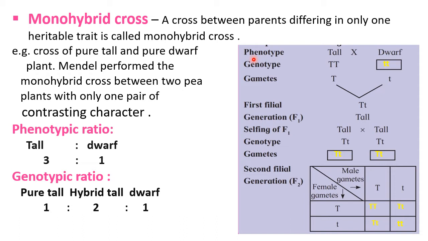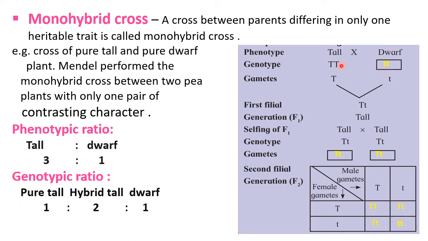Then the genetic makeup, or genotype, of the tall plant shows capital T and capital T. These are called alleles or genes, and they are homozygous, which means they are identical and pure. Then for dwarf the genotype is small t small t. It is also pure or homozygous.